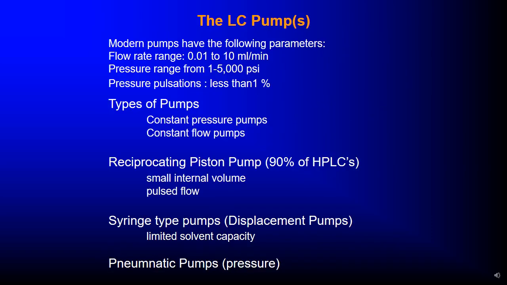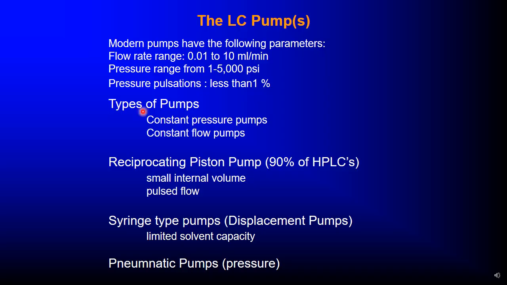Then the liquid chromatography pumps, modern pumps have the following parameters. They have to have a flow rate range of 0.01 to 10 milliliter per minute. Then pressure range from 1 to 5,000 psi. Pressure pulsation less than 1%.